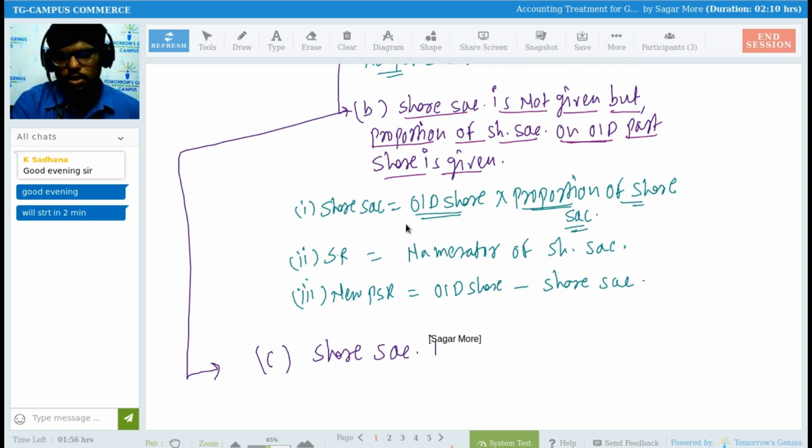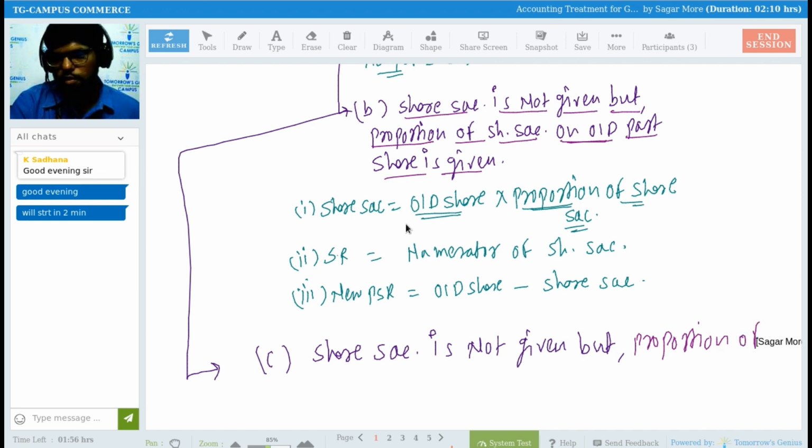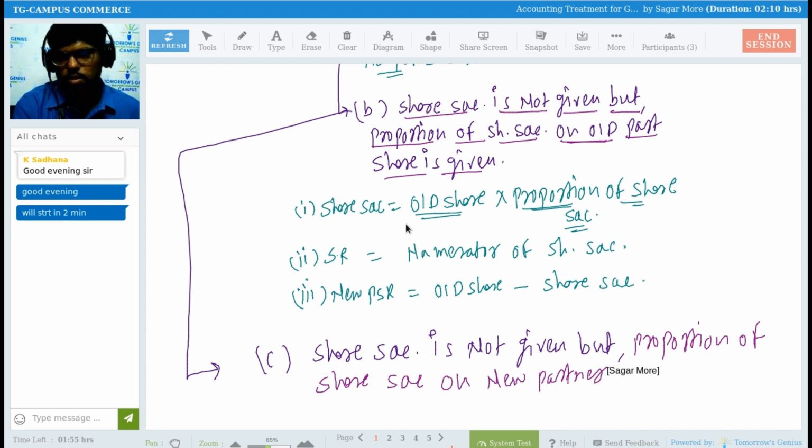share sacrifice is not given directly, but proportion of share sacrifice on new partner profit sharing ratio is given.